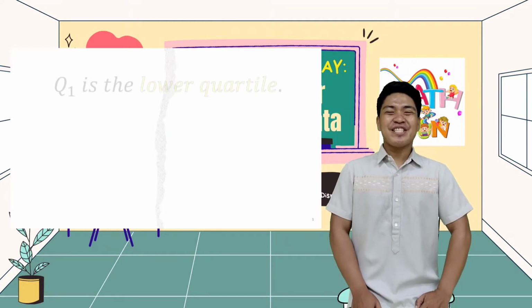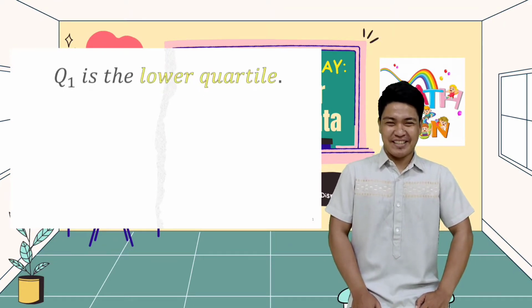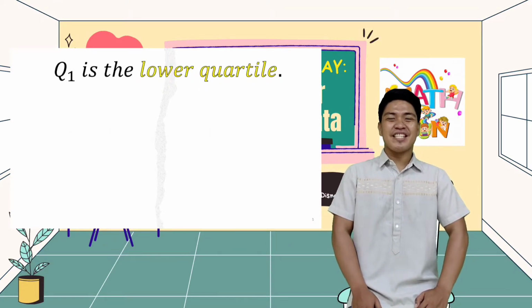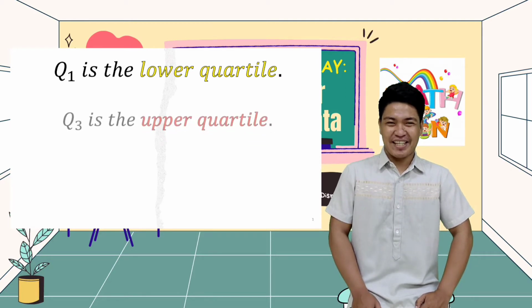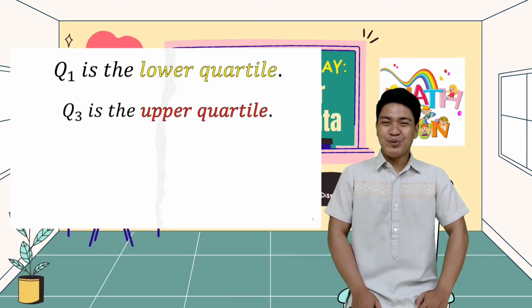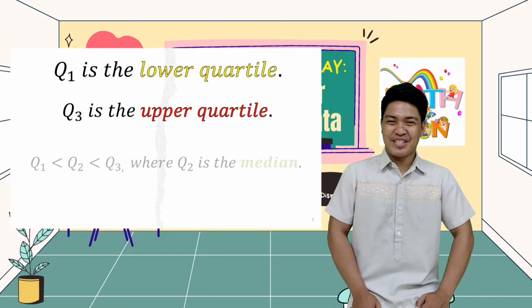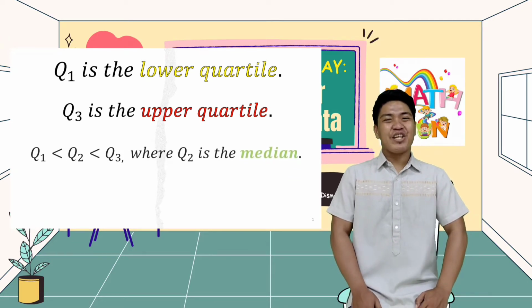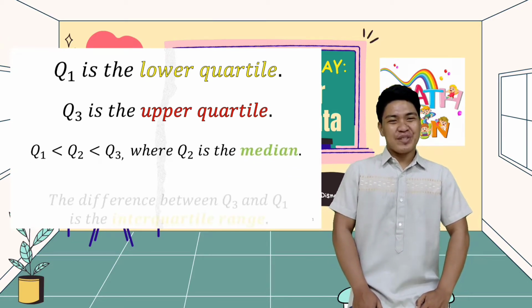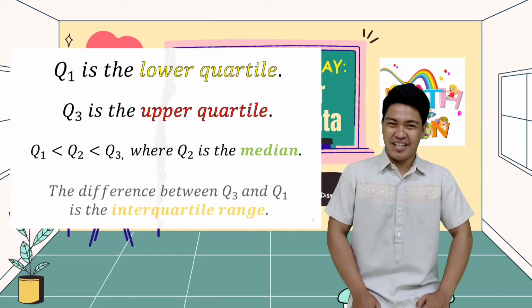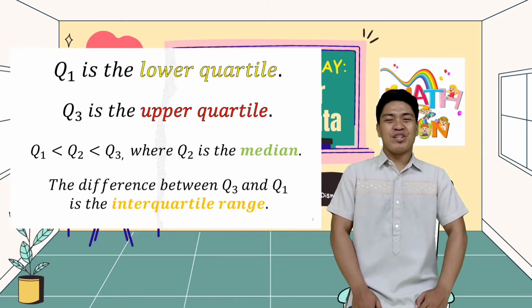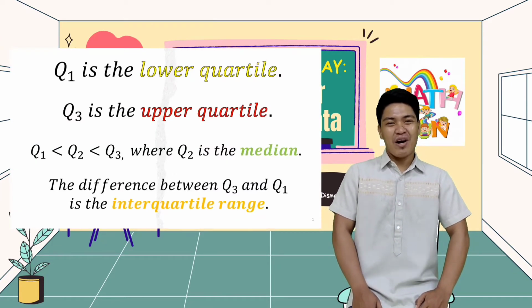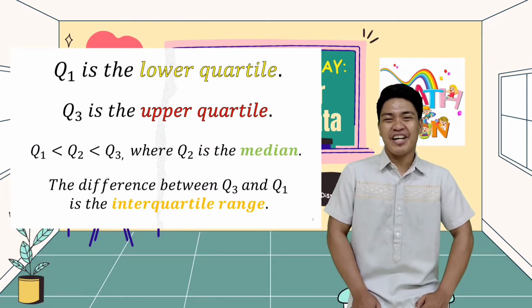Q sub 1 is called the lower quartile, and Q sub 3 is called the upper quartile. Q sub 2 is greater than Q sub 1 but less than Q sub 3, where Q sub 2 is the median. The difference between Q sub 3 and Q sub 1 is the interquartile range.